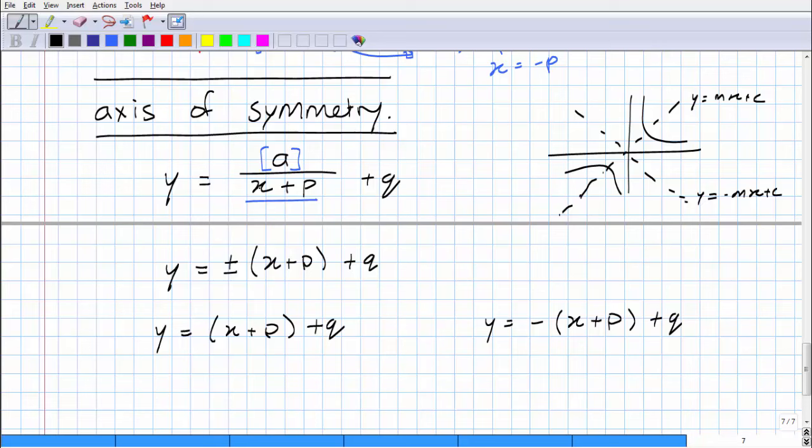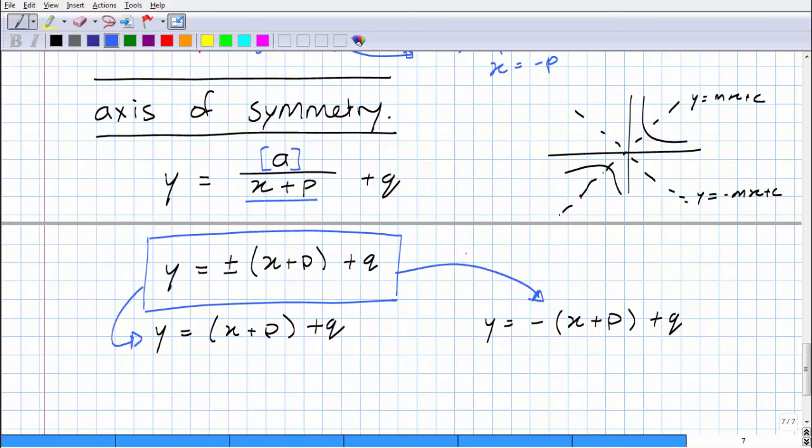So x plus 5, for argument's sake, put that in the bracket, and then put this little plus or minus. So this guy here is your axis of symmetry. And then obviously that splits out into this one and that one, for the positive gradient and negative gradient. And it's as simple as that.